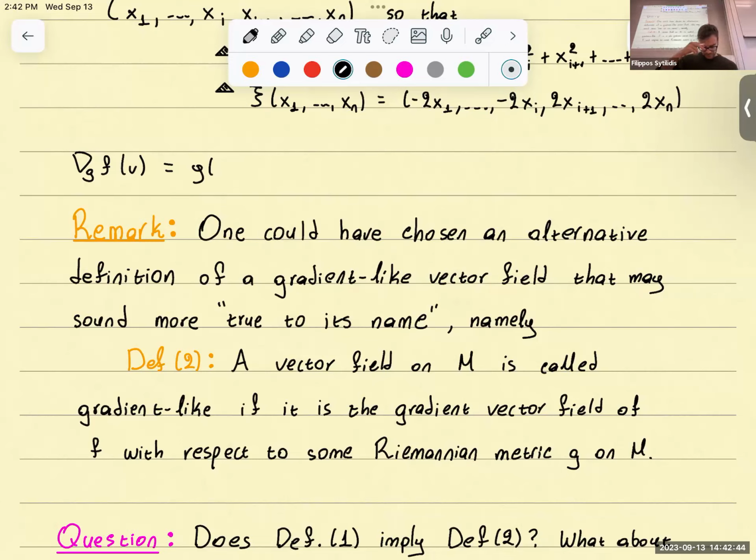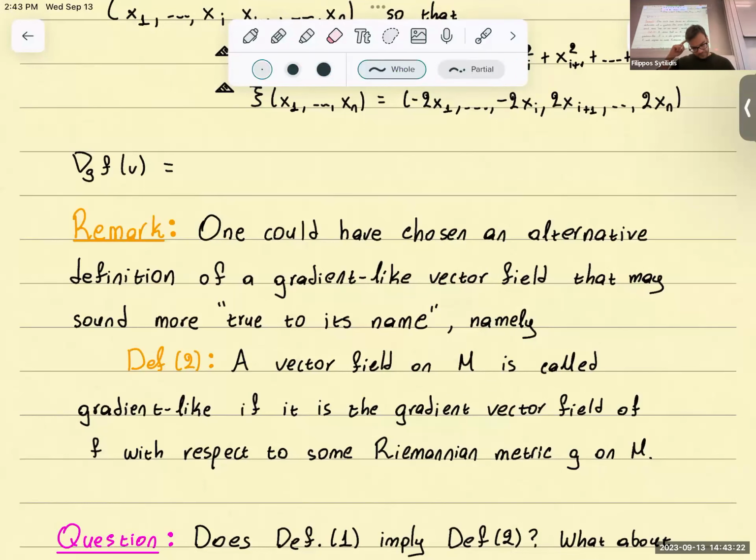Wait, sorry. I just need the inner product. So you want to write the inner product of grad f comma x, and that should be the same as x applied to f.